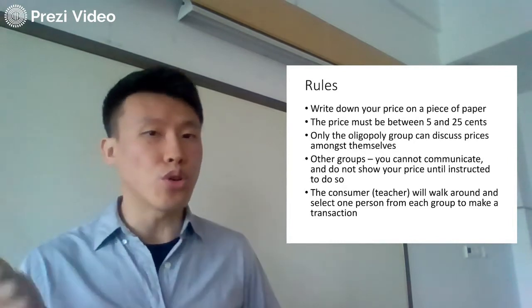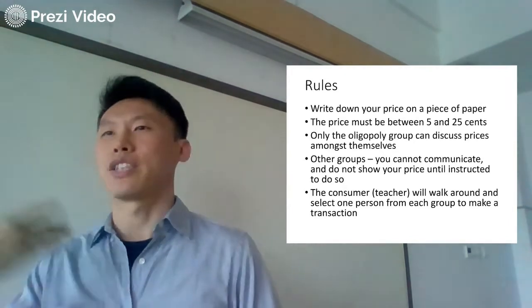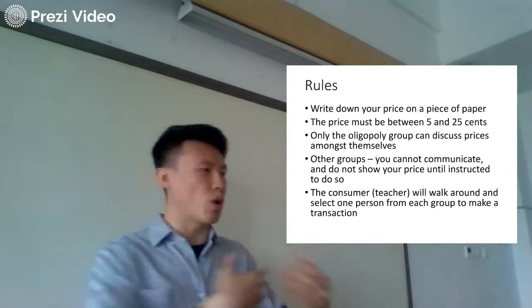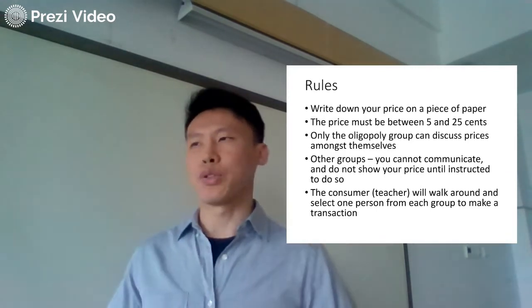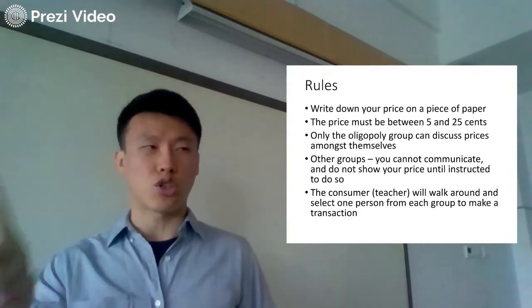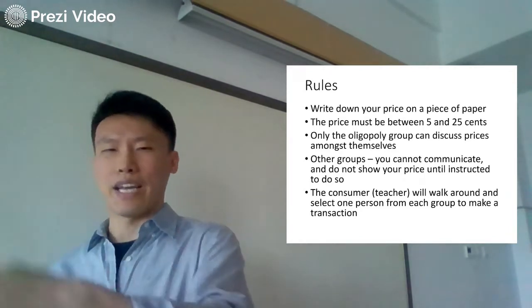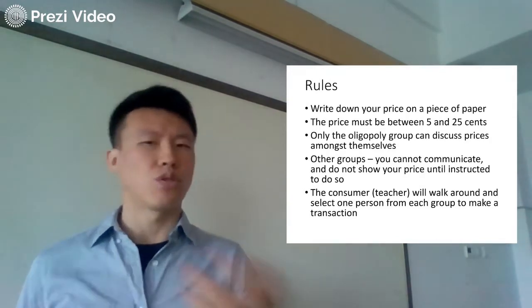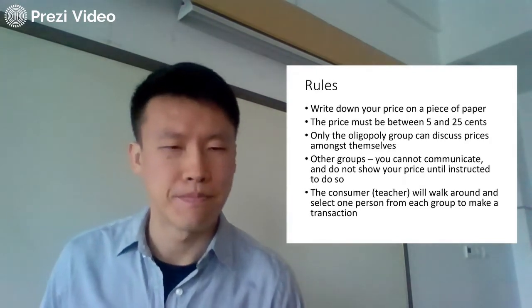And don't show your price until I tell you to do so. All right? So for each round, I'm going to walk around, okay? I'm going to come to each group and choose one person from each group to buy candy from. All right? Based on the price that you offer me. Okay?